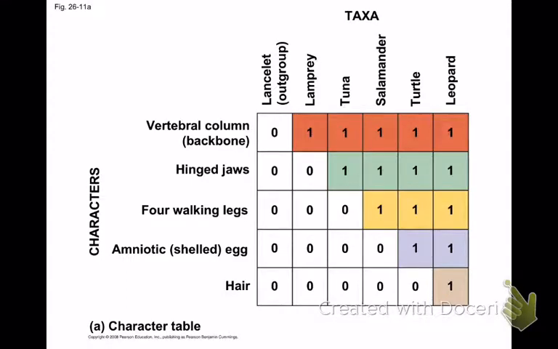So in order to build a tree, you need to look at different characteristics in different organisms.